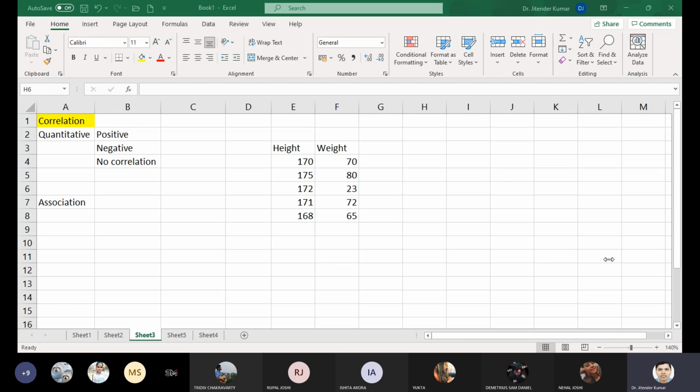So anyone in the class who thinks that these three students are not right, who has a different answer, please raise your hand. Okay. All of you think that the three students are right. And what I think is all these three are wrong.